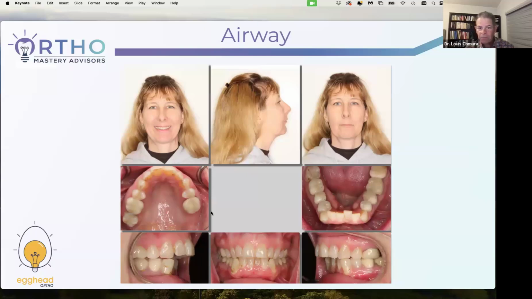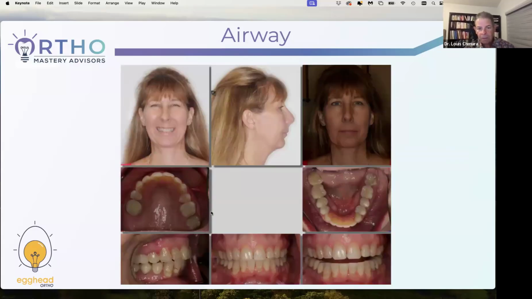And the uppers, even though they're narrow, some of it is dental narrowness. If I can fix the dental narrowness, I'm going to make her airway better. Can I do this with aligners? If you look, there's plenty of keratinized tissue, and I'm going to be watching it. It didn't take very long before those teeth are lined up, right?